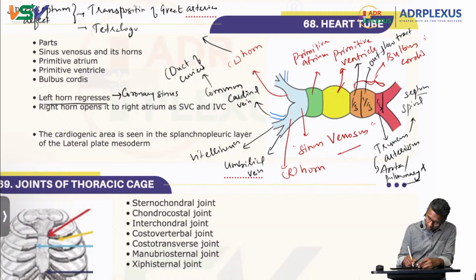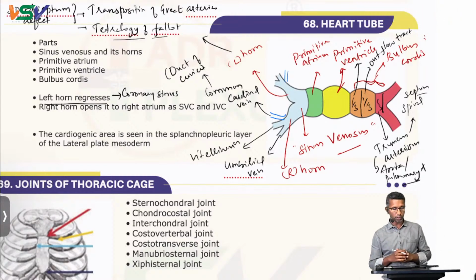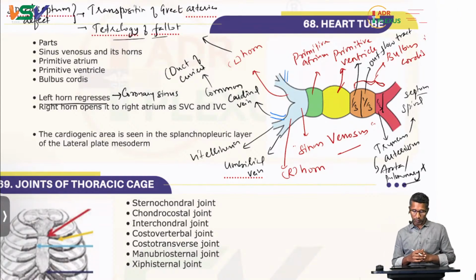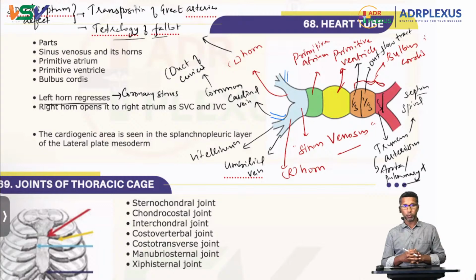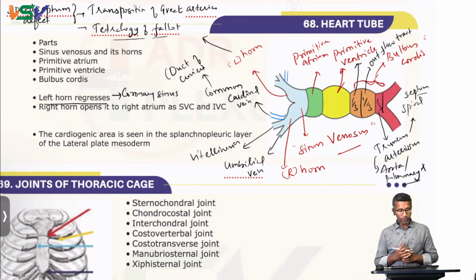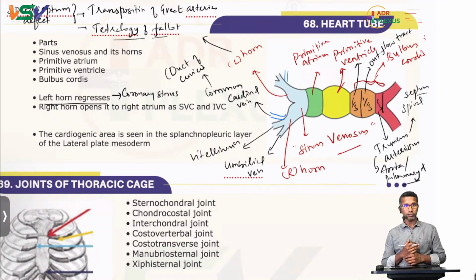Okay, so all these are very important points. Spiral septum defect can cause transposition of great arteries and can cause tetralogy of Fallot.